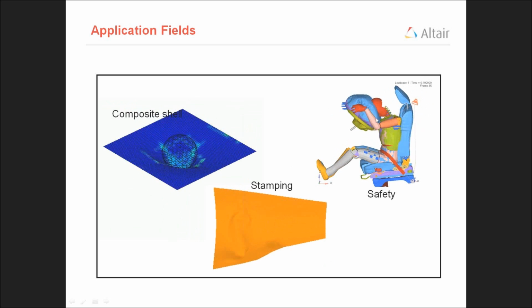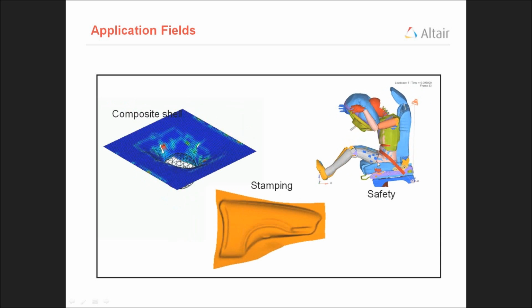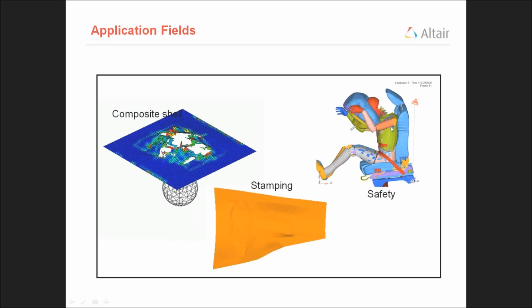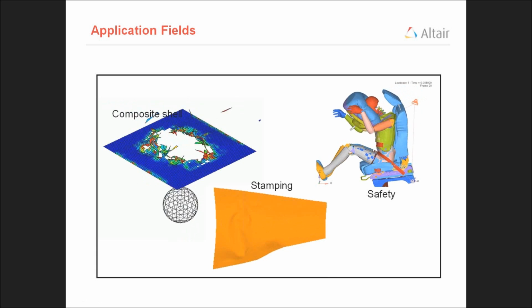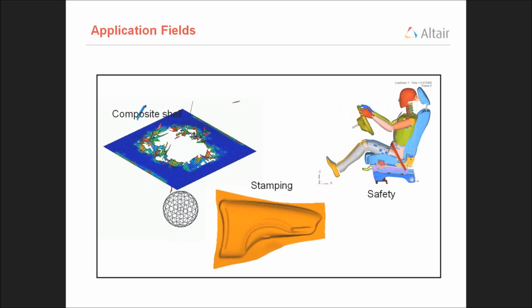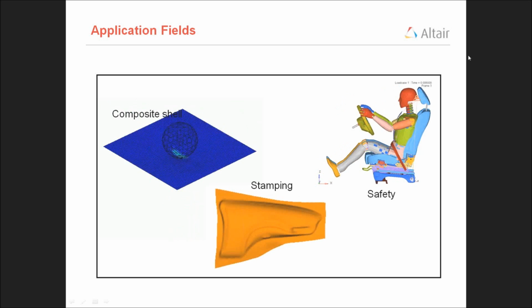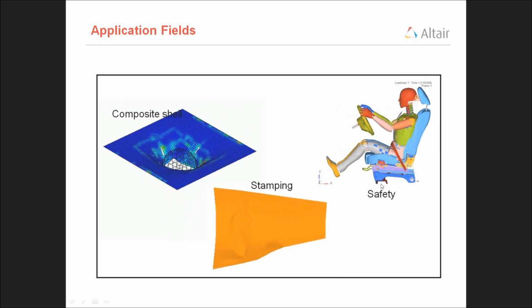Coming to automotive or aerospace, it can be applied for safety applications, where radios has rich libraries of automotive and aerospace dummies from Humanetics. Here we are trying to understand the interaction between the dummy and the airbag, seat belt, and seat, all those things which come in safety.